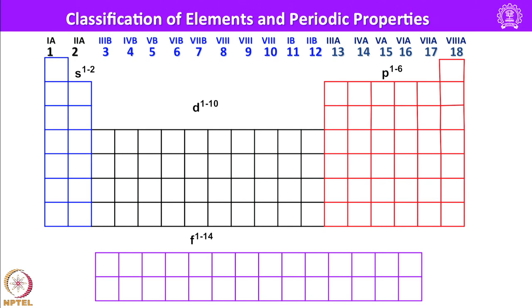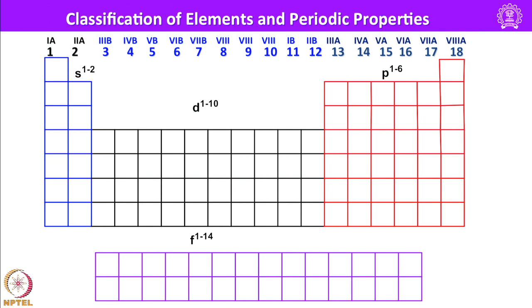Now we have 18 groups, and again the number has some significance. You can see group 1 and group 2 have 1 and 2 electrons respectively in their valence shell. Similarly, groups 3 to 12 belong to d block. Here in d block also, if you look into the electronic configuration, we start with d1s2 to d10s2. That means the number still represents the group oxidation state or number of electrons present in the valence orbitals of the elements in the group.